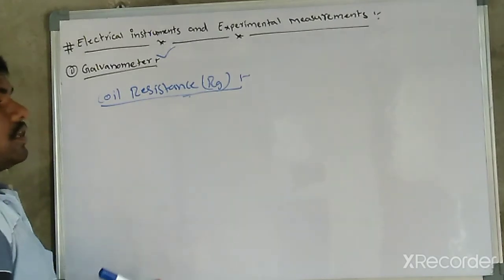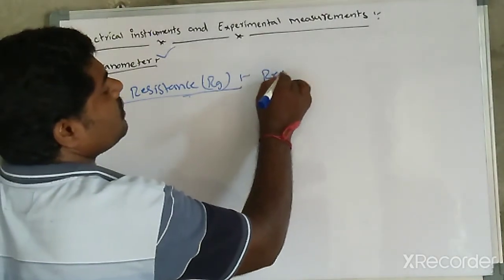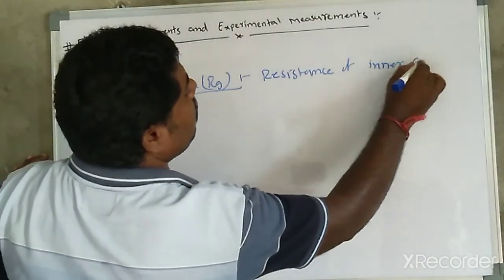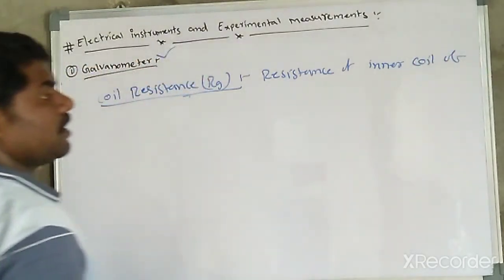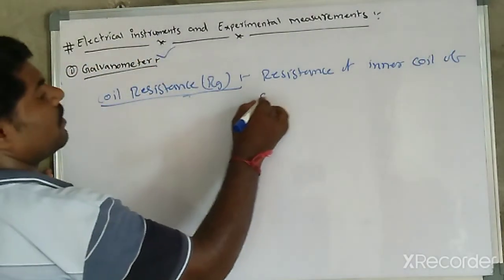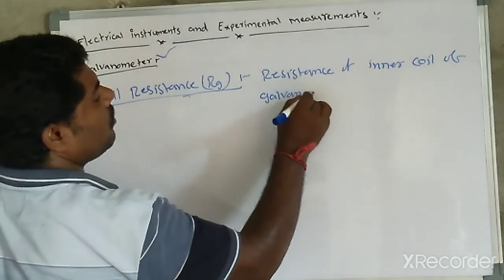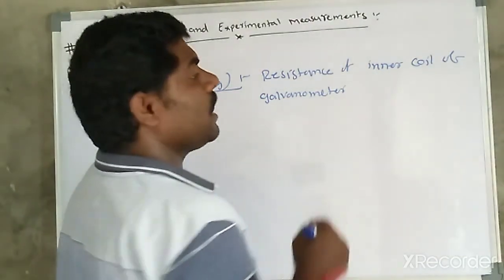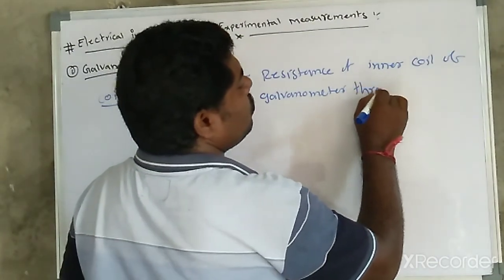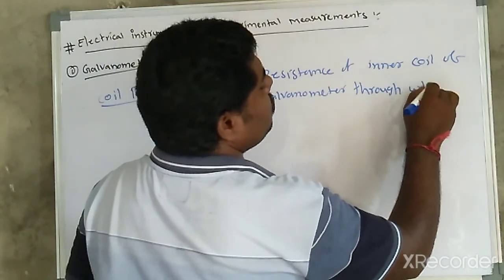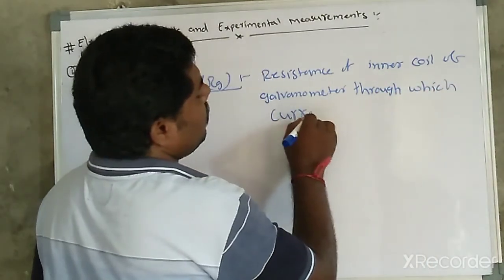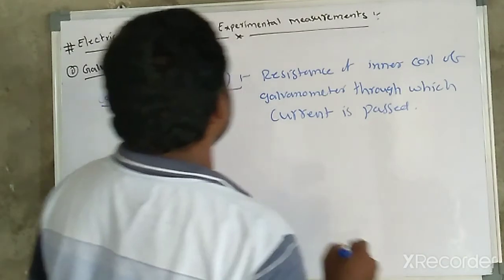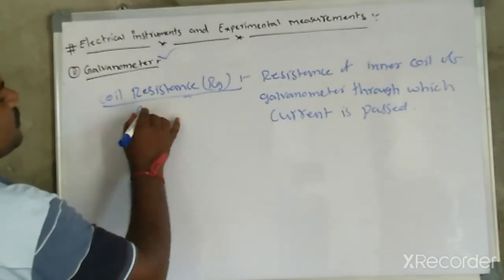Current is passed through it, so this coil is in a series combination.